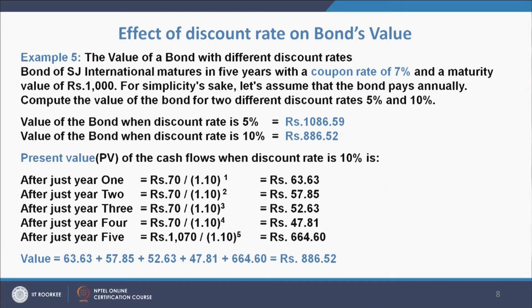Now, what conclusion do we make? When the discount rate is different than the coupon rate, the value of the bond will differ from its par value. This is conclusion number 1. Conclusion number 2: when the discount rate is more than the coupon rate, the value of the bond will be less than the par value.